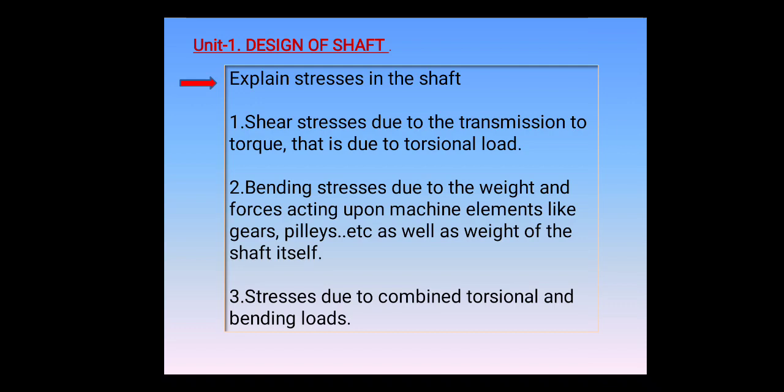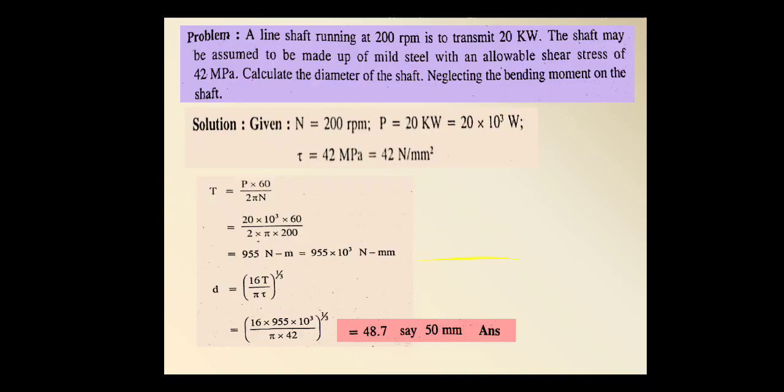Whenever combined torsional and bending loads exist, at that time stresses may occur. So these are the stresses existing in the shaft during working time. This question may be asked for 5 marks.